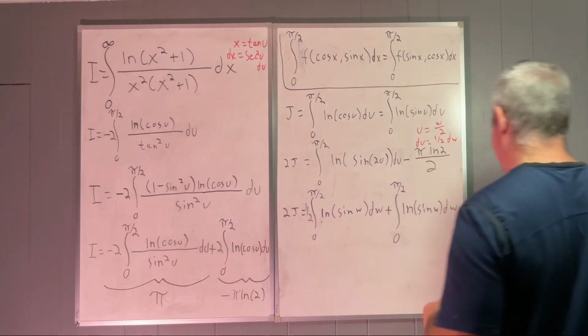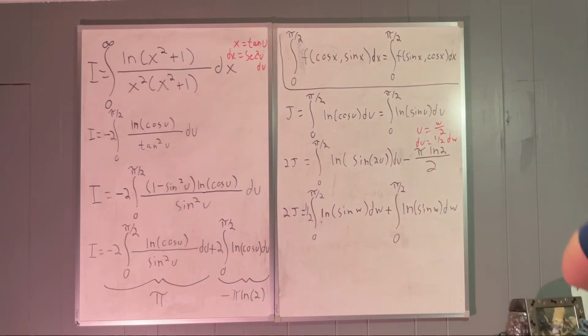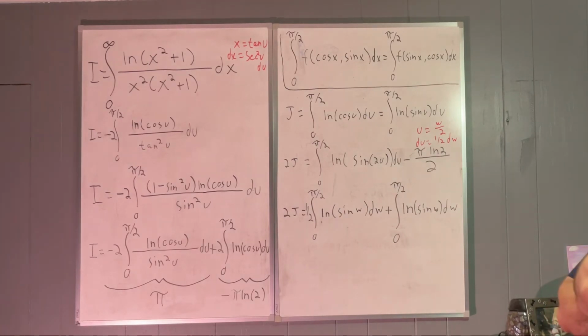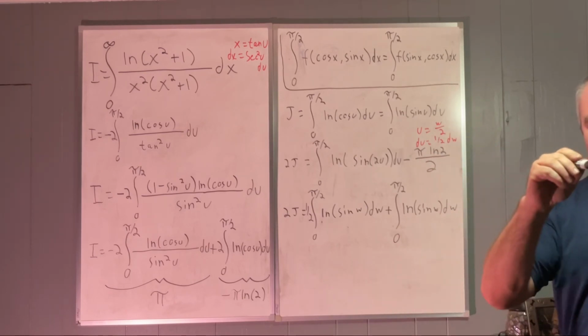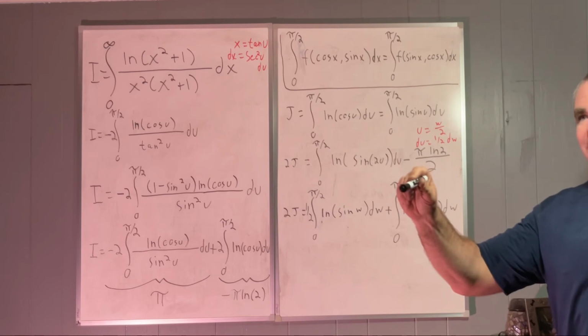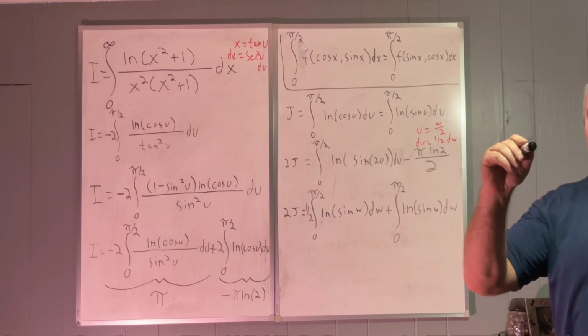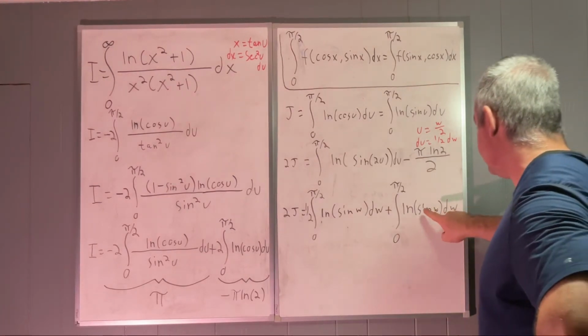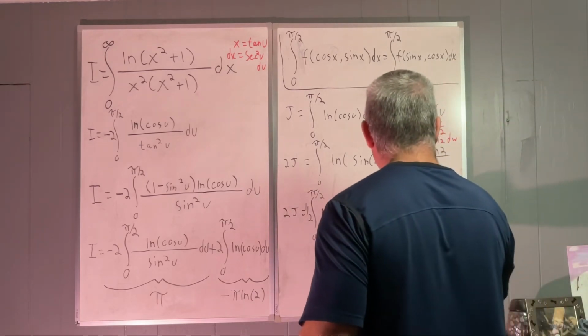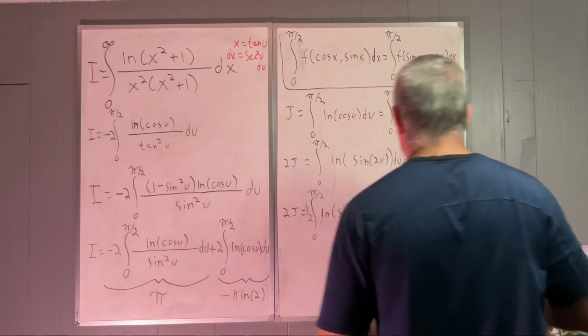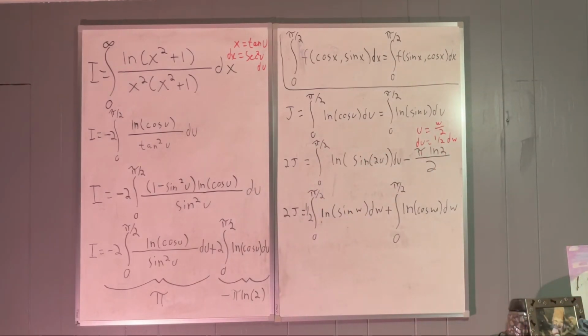So this will actually be the natural log of sine of w plus pi over 2. What is the sine of w plus pi over 2? Sine starts here and goes like this. And then you add pi over 2, so it's a shift to the left. That will make it cosine of w. Okay, now we're in business.